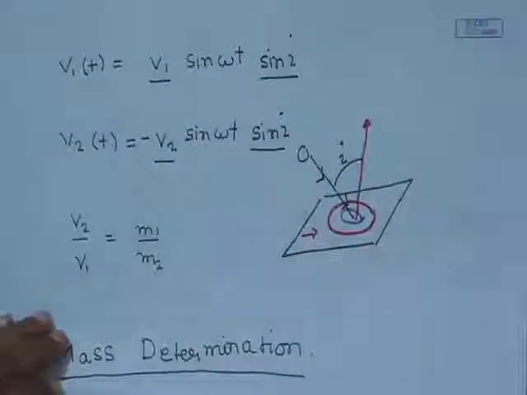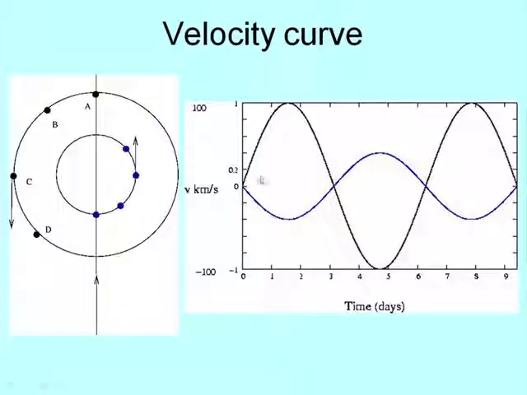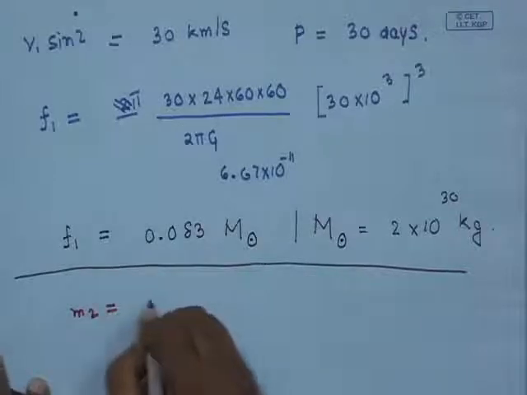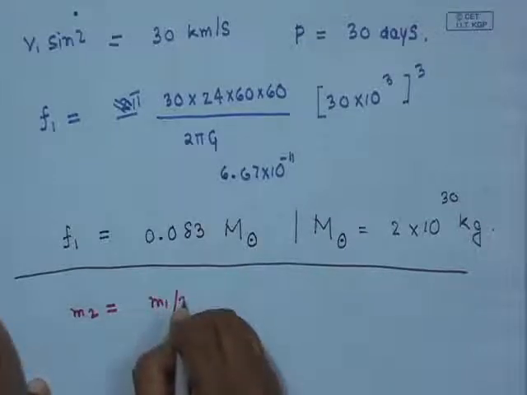So, suppose we have observations of both the velocity curves and we find that the ratio turns out to be such that m2 is equal to m1 by 3.